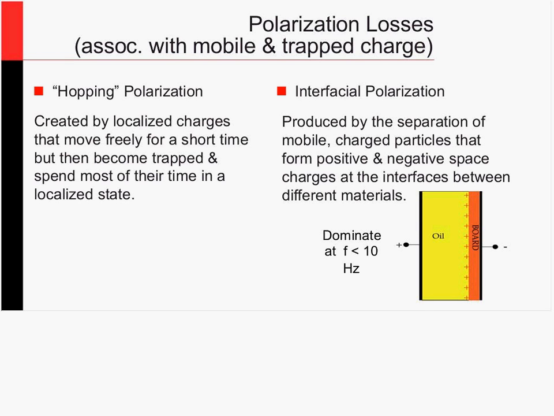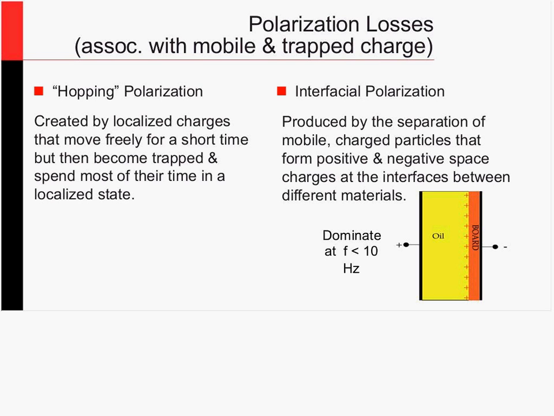And the last one takes the longest to occur, and it's called interfacial polarization. Now here, this is in more of a complex type of insulation system where you have more than one material, but it would be produced by the separation of these mobile charges that will meet together at the interface of the materials and form essentially like a wall.